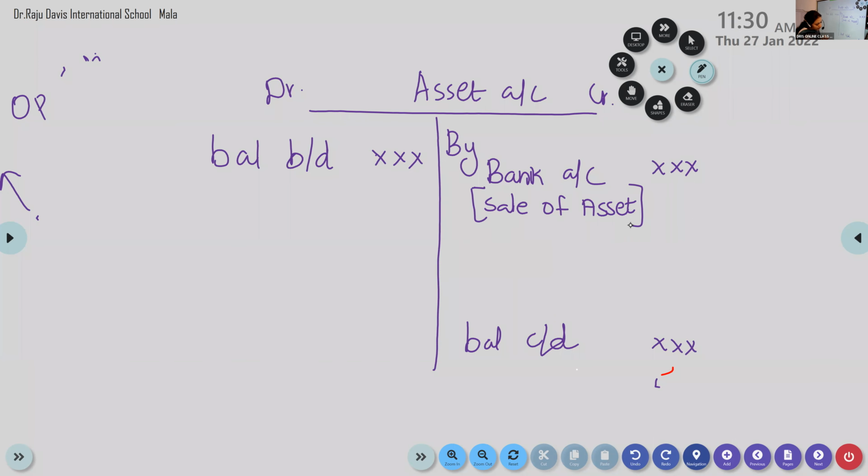Listen to my next question. If there is any loss, you incurred loss on sale of asset. Where do you show that? You sold an asset for less than its value, so there you will have to incur a loss.